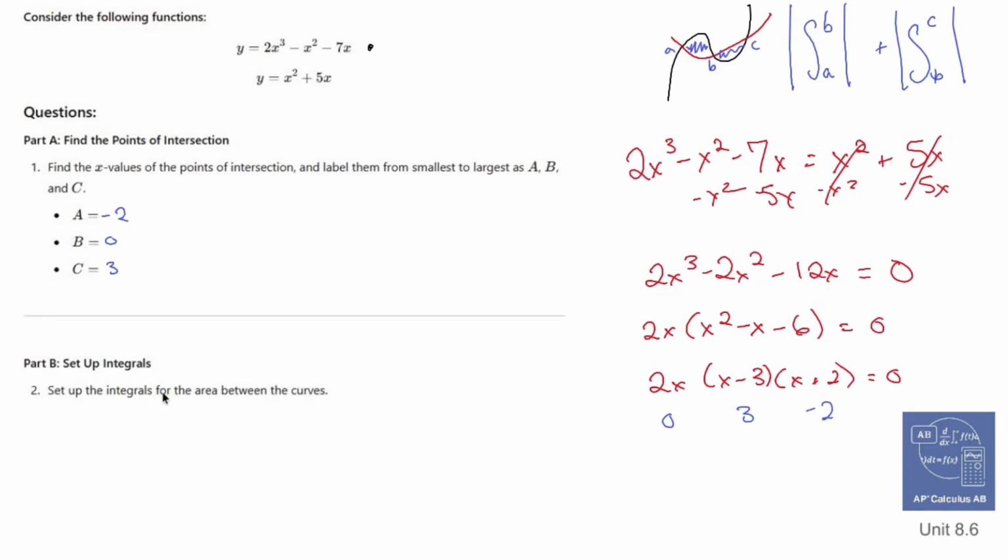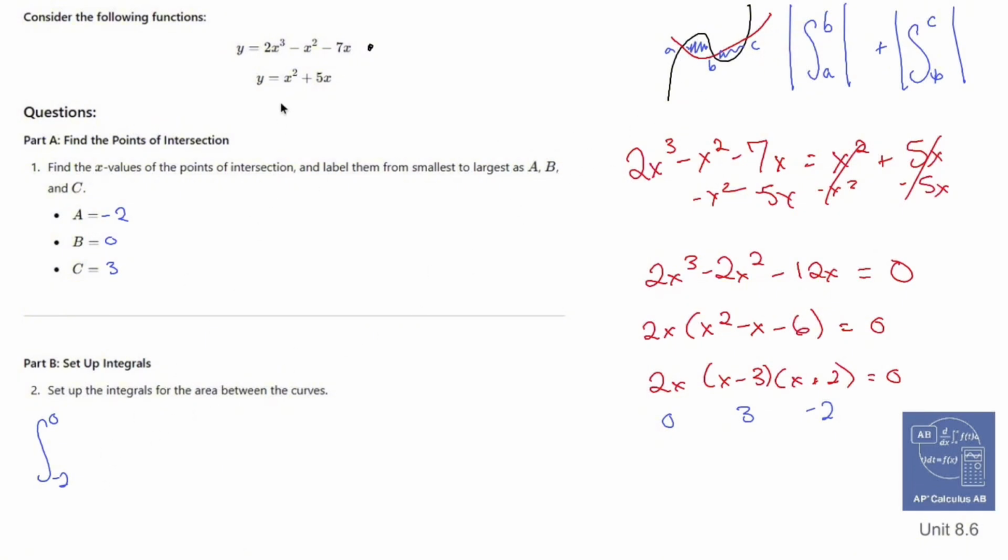Set up the integrals for the area between the curves. All right, so I'm going to set up from A to B, which would be from negative 2 to 0, and we just take one minus the other. Now, if my picture is accurate, in this case the upper curve is going to be the cubic. Again, not that it matters.